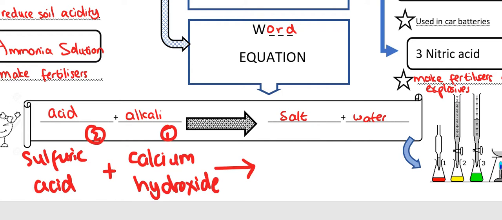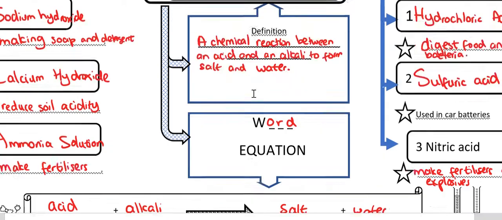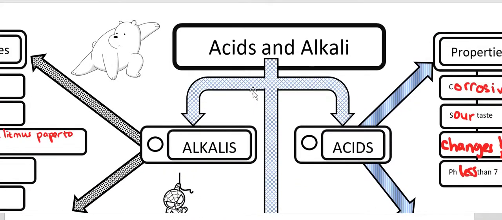So remember, the first name is from the alkali, second name is from the acid. So it should be calcium sulfate plus water. And this is your salt, and this is the product that's water. And that is how you complete this beautiful mind map or concept map. Thank you everyone for watching this video.